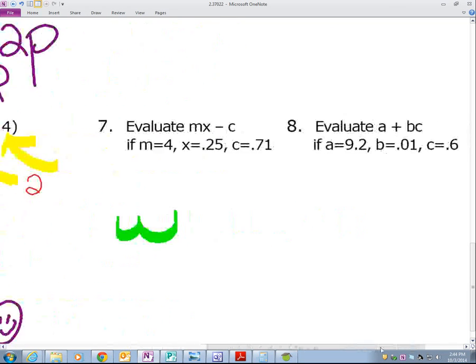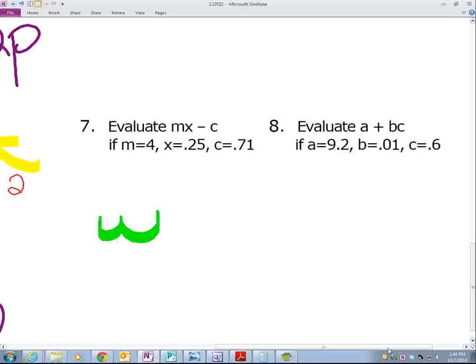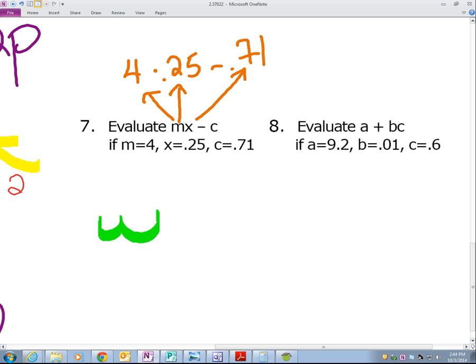Next, we have this guy. We have to evaluate mx minus c. So we have 4.25 minus 0.71. Okay. We have to do these guys first because of the order of operations.